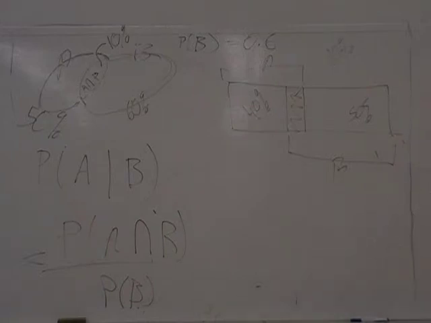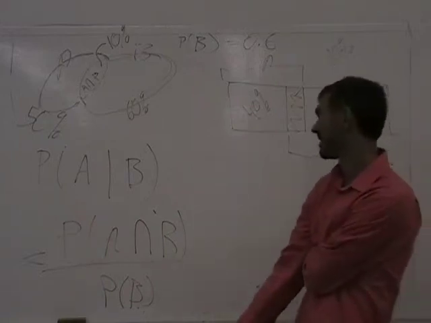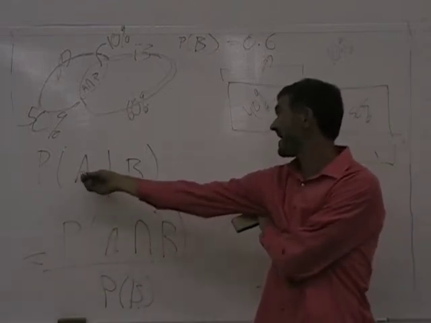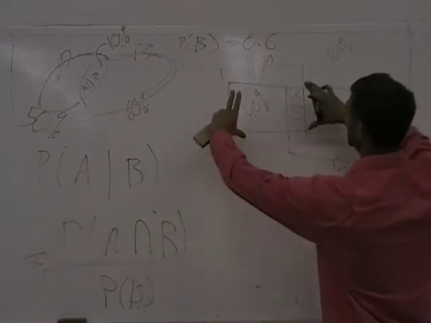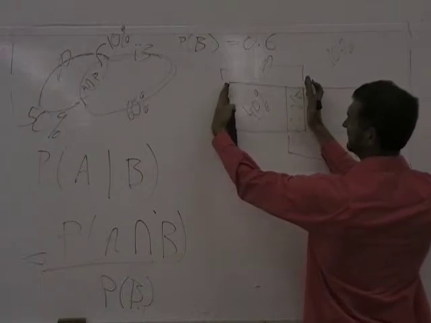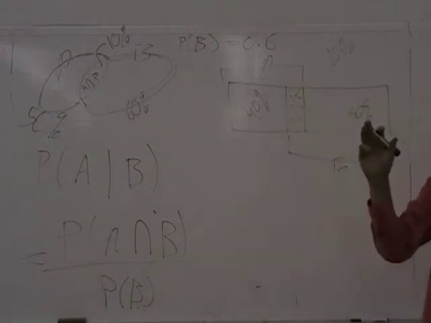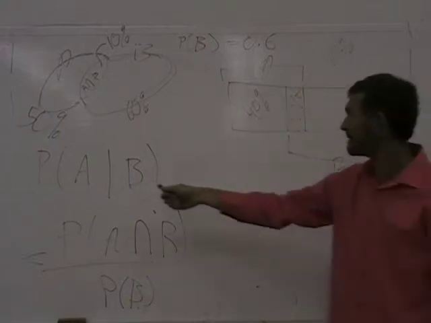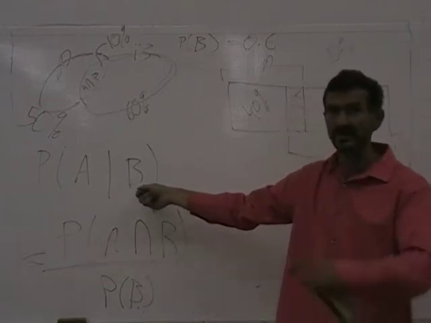Now, we consider the probability of A, that's over here, given that B is true.